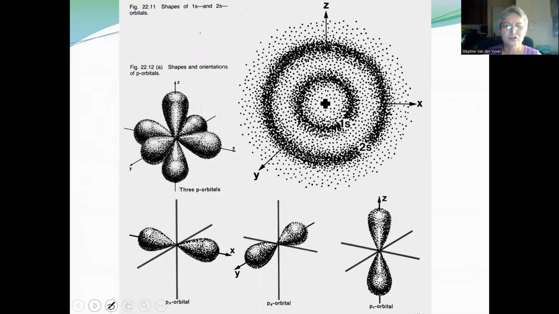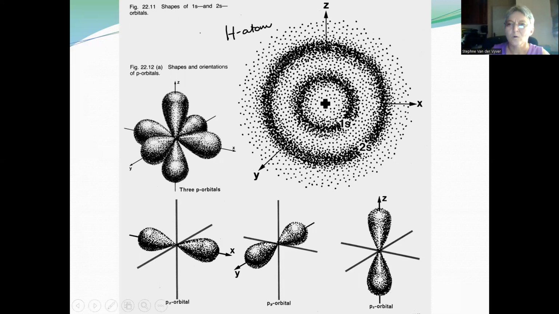So here we have Schrödinger's idea of s orbitals. So these very high density spots on the paper after the nucleus of the hydrogen atom says that the electron here is in the first energy level.